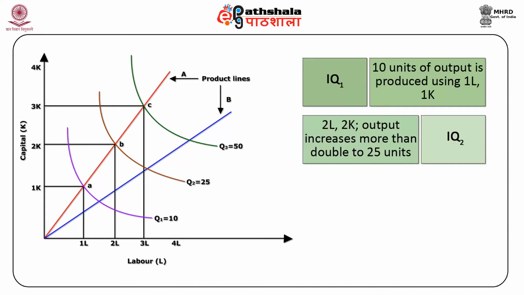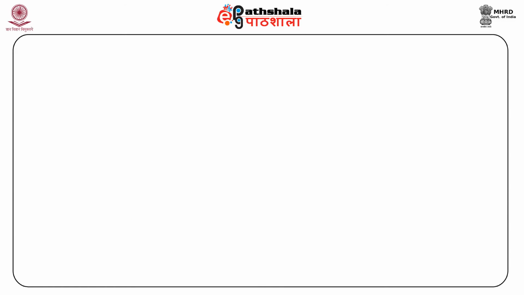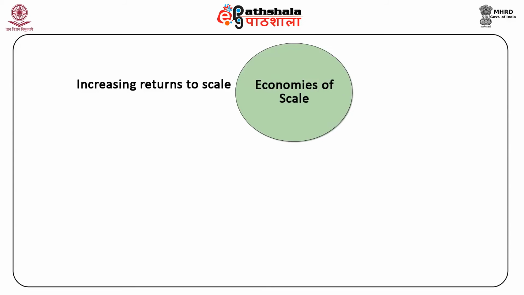Similarly, when the labor and capital were again increased by 1 more unit, then the output depicted by IQ3 was increased to 50 instead of 30 units. Increasing returns to scale happens because of the economies of scale.